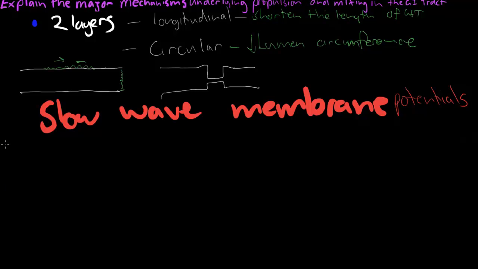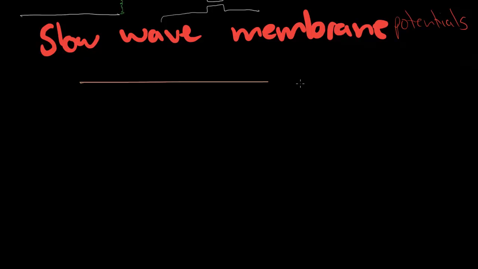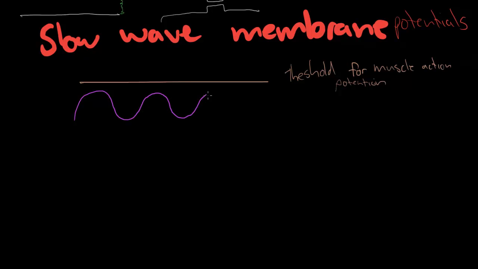So to draw this, the first thing to keep in mind is that there is a threshold for muscle action potentials. The second thing is that there are these waves that don't actually reach this action potential. So these are the slow wave membrane potentials, and they're built into the muscle fibers.